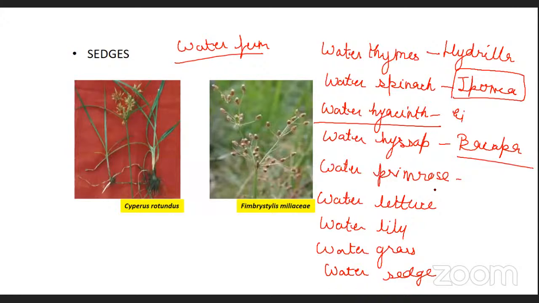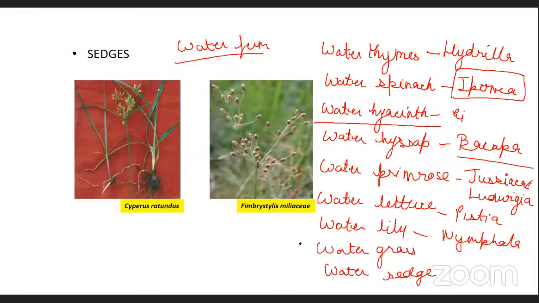Then water primrose is sometimes known as Jussiaea, and in some places it's written Ludwigia. Both are correct. Water lettuce is Pistia, and water lily is Nymphaea.